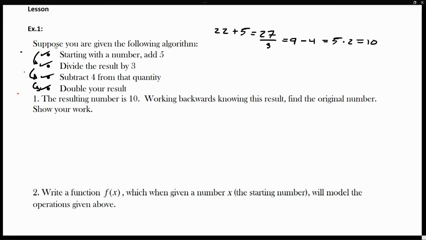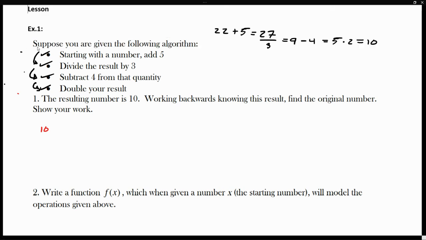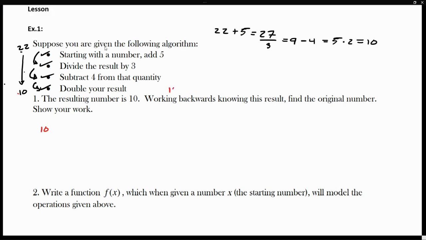We know that we need to start with 10, because that was the result we got here. Remember that in this procedure, we started with the value of 22 and ended up with the value of 10. So we want to start with the value of 10 and do this procedure backwards and see what we end up with.